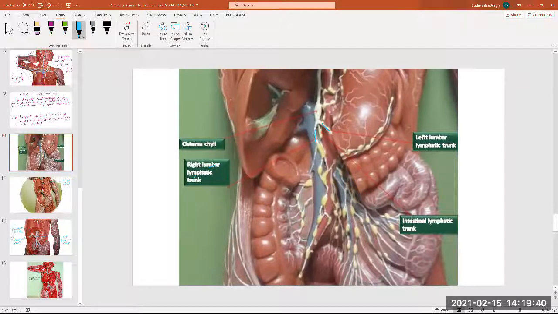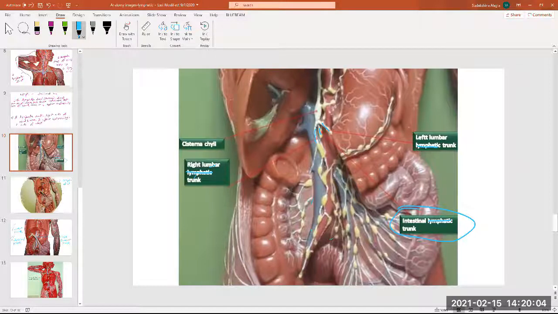And you see in the middle, this one is the intestinal trunk. You can call them lymphatic or you can just call them right lumbar trunk, left lumbar trunk, intestinal trunk, intestinal trunk draining from the viscera, two lumbar trunks draining from the two lower extremities.